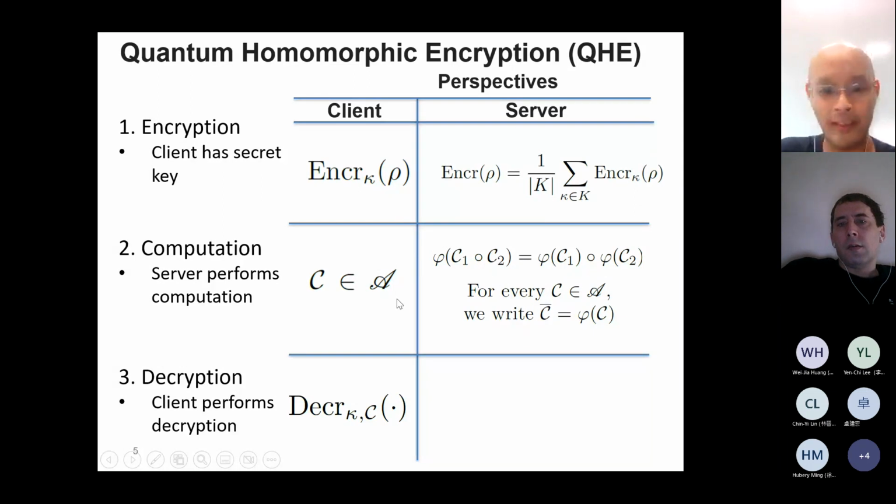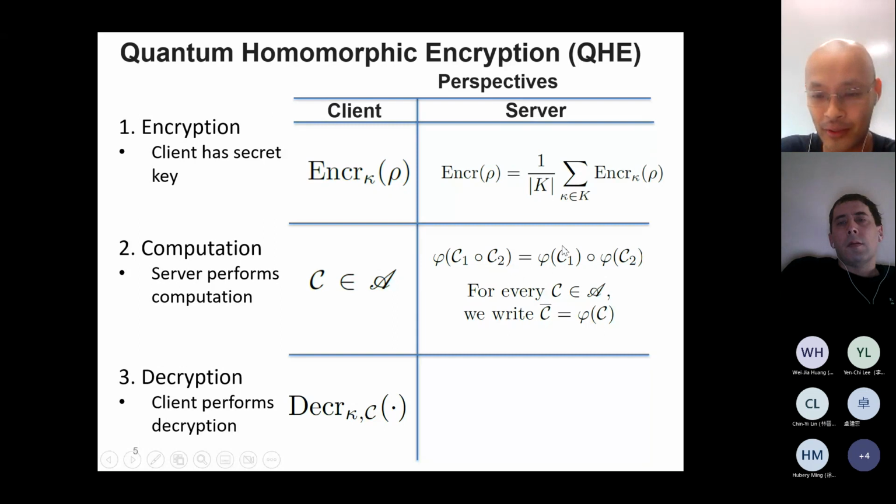The thing that's homomorphic is that the computation has to obey a homomorphism. So basically, if the client is going to perform C1 and C2 on rho, if you could do C1 and C2 on rho without the encryption, then what you would like to have is a homomorphism that takes the C's to a different space, such that this homomorphism applies.